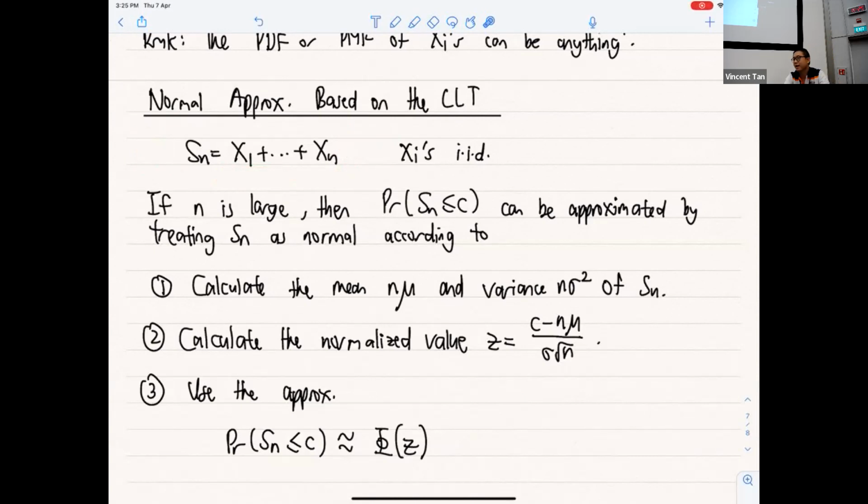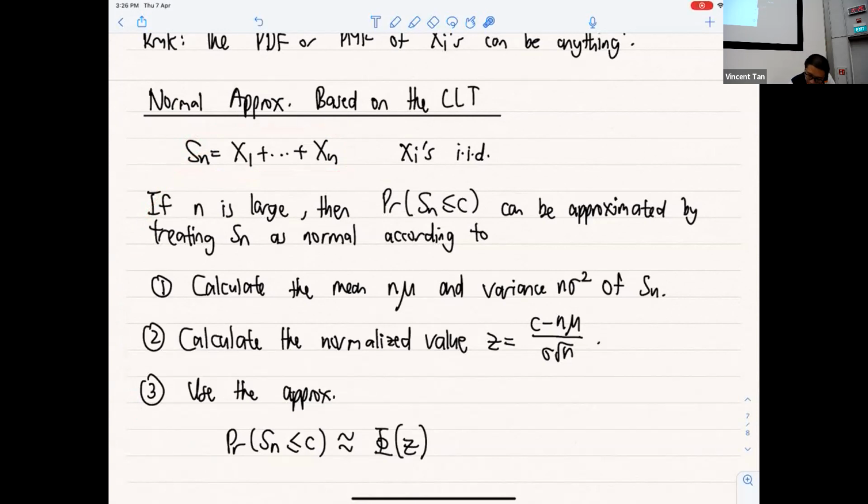Yes, you integrate n times, but that's very painful, right? So this is a quick and easy way of avoiding all the convolution. But that is actually the standard way of dealing with the probability that x1 to xn is less than c. You do convolution n times, but that's very painful. So we want to avoid all this pain.